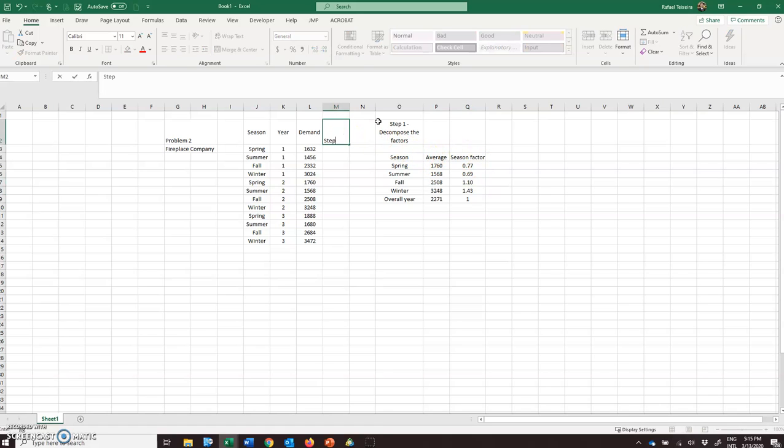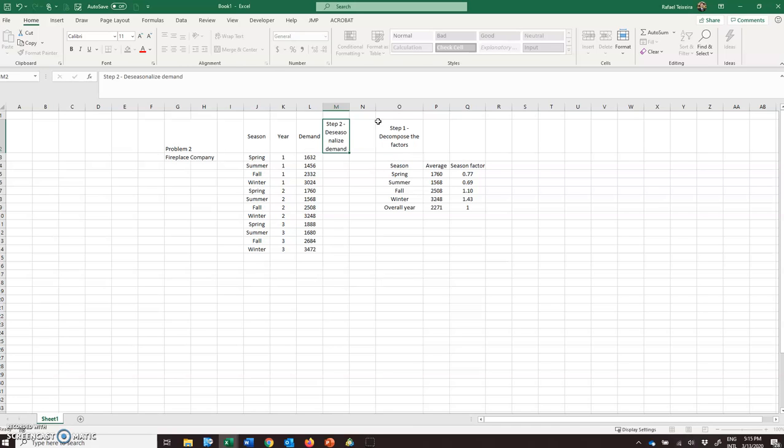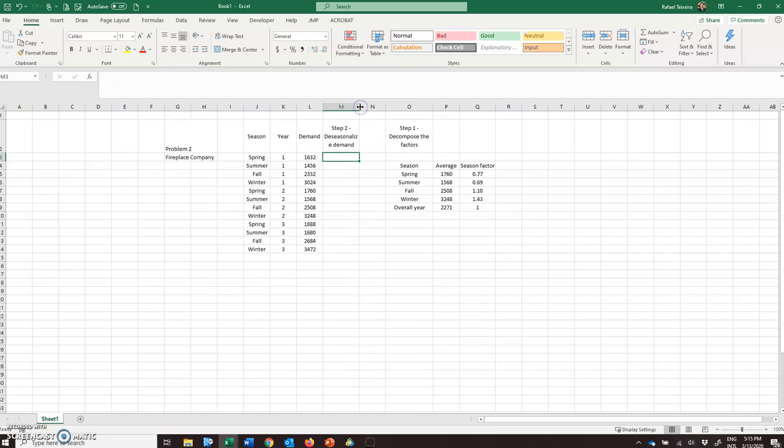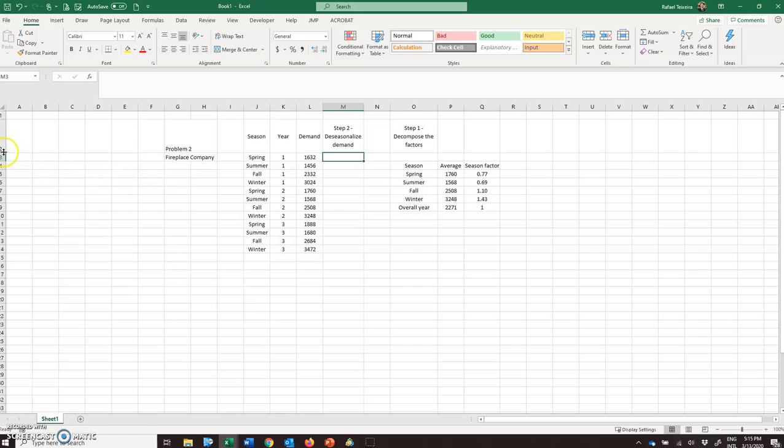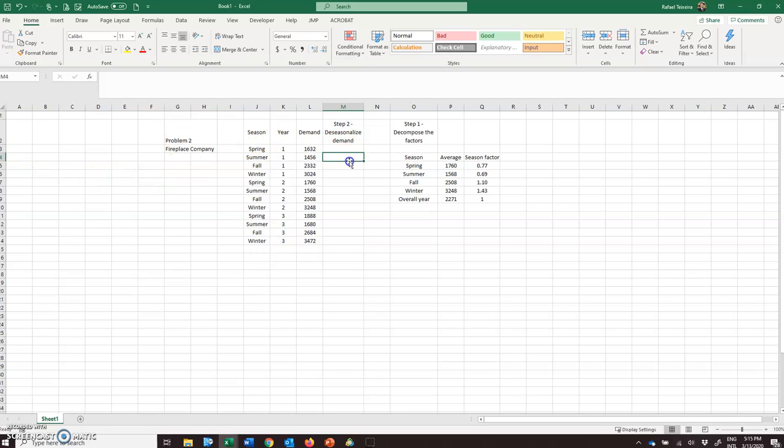Step 2 is to de-seasonalize the demand. I'm going to remove the seasonality from the demand.